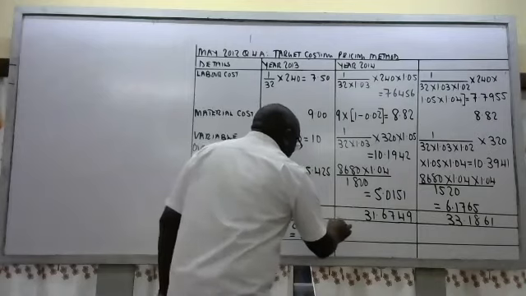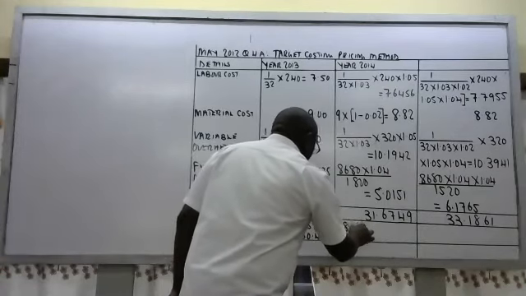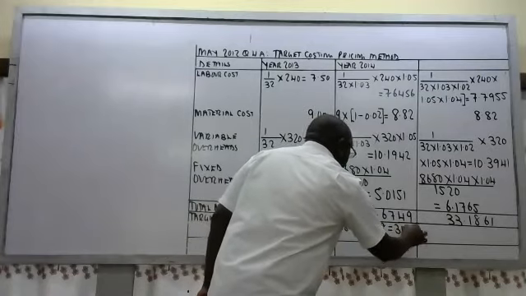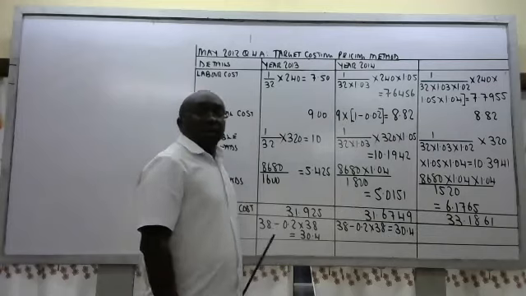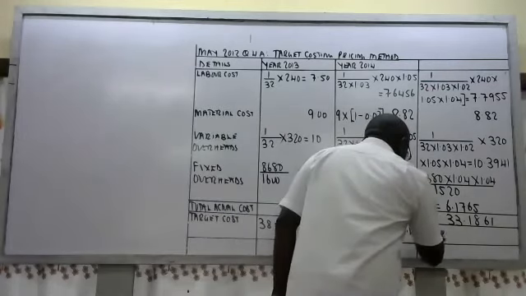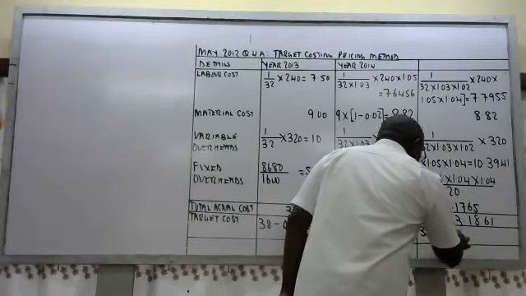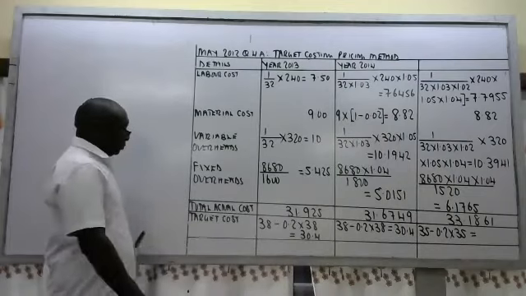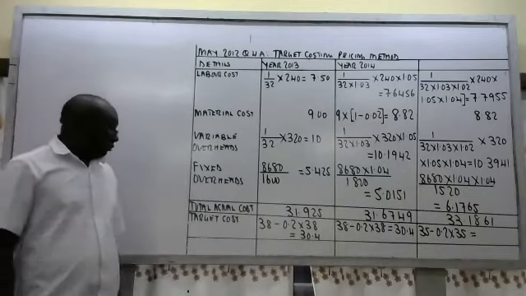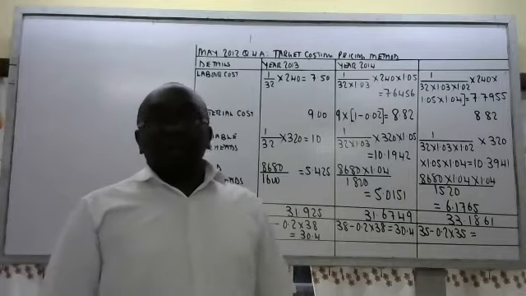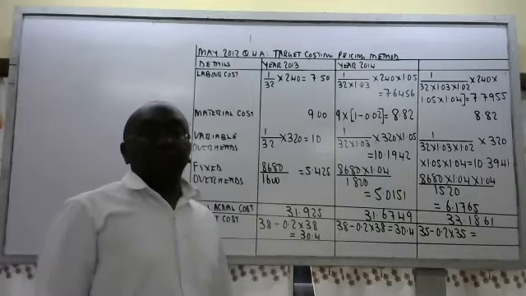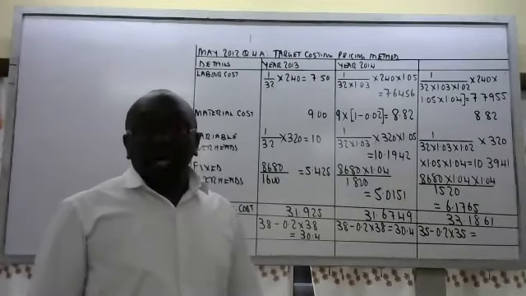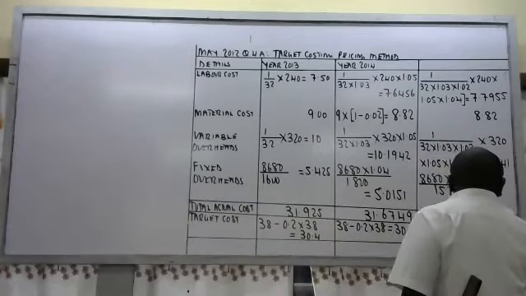And even in the second year, it is 38 minus 0.2 times 38, so it is still 30.4. Last year, it is 35 minus 0.2 of 35, that is 28. Good.